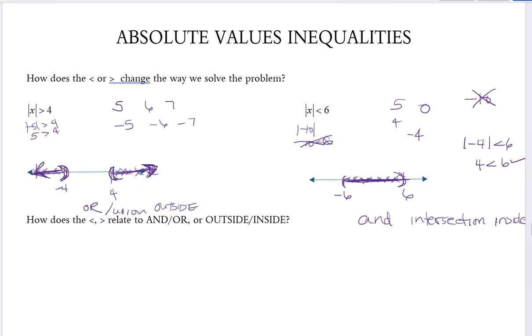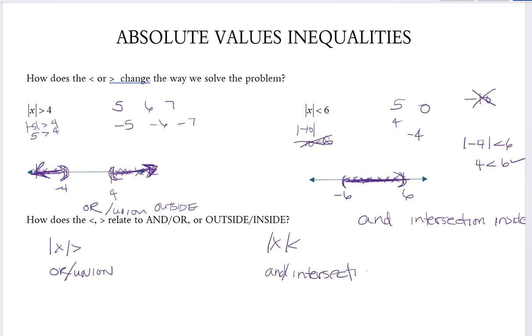But what is universal is that when we have an absolute value greater than a situation, this is always going to be an or union situation. When we have the absolute value of whatever it is less than a value, this is going to be an and, or an intersection.